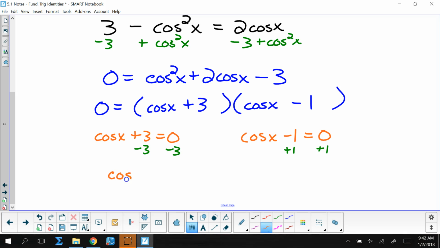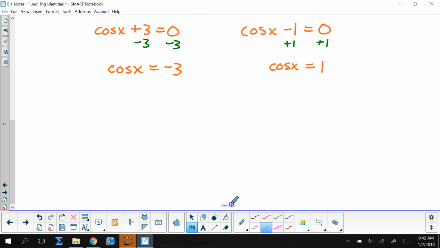So I get cosine of x equals negative 3, and I get cosine of x equals positive 1. Yes? Okay. So cosine equaling negative 3. Not possible. That's outside my acceptable range of values. Okay, so that's a not possible.